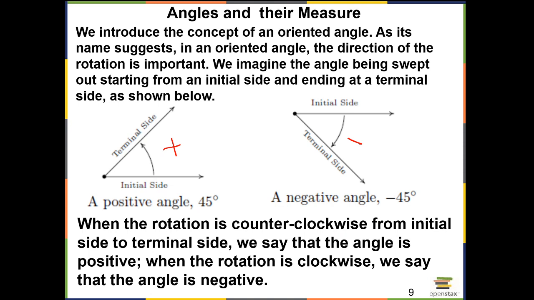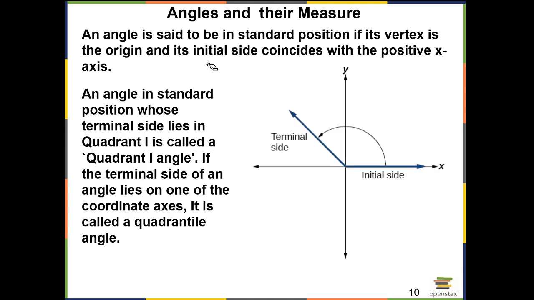Counterclockwise is positive, clockwise is negative. Okay. An angle is said to be in standard position if its vertex is at the origin and its initial side coincides with the positive x-axis, as you see here. This would be the vertex of the angle. This is always the initial side, and then the terminal side rotates to make an angle. If that's the case, then this angle right here is in standard position, because you can have angles everywhere.